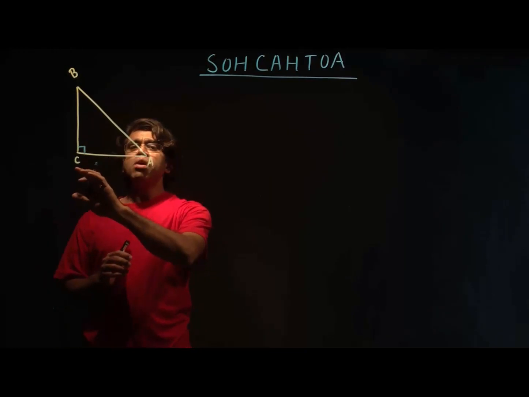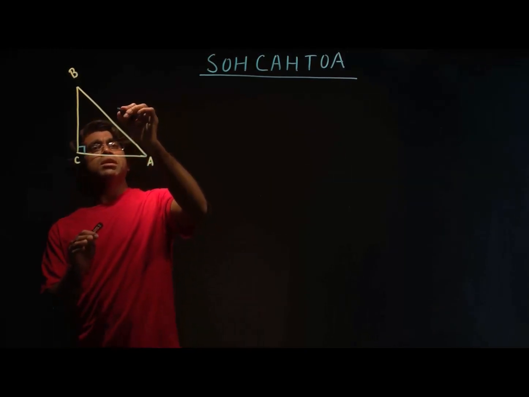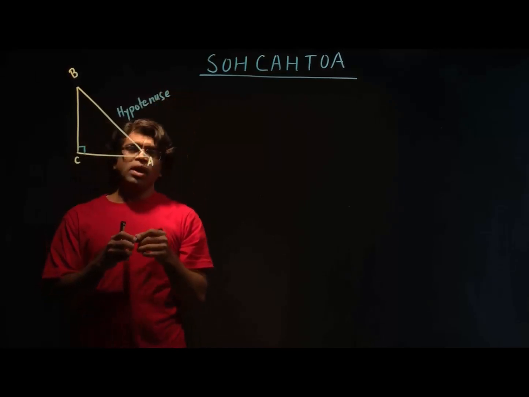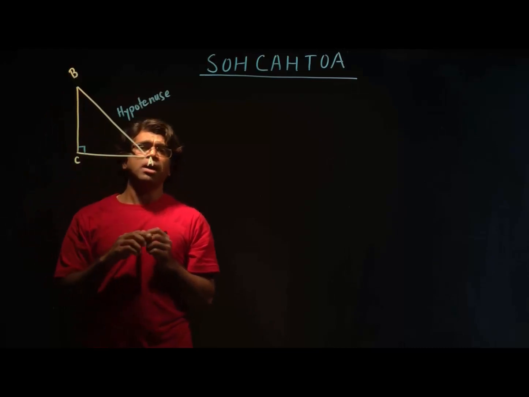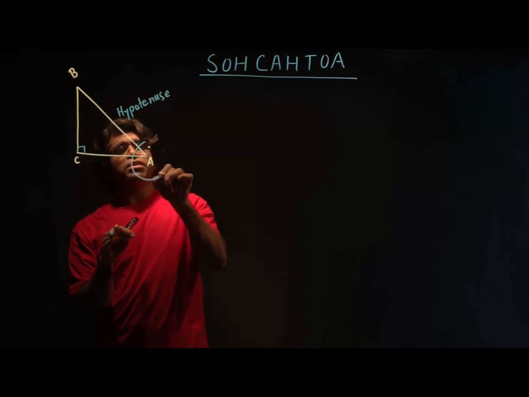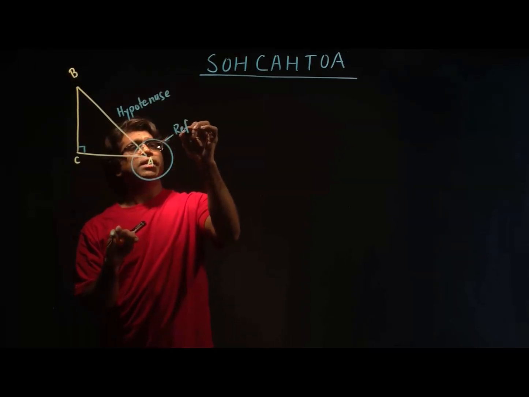The name of the side opposite to C is hypotenuse. Now I'm going to consider one angle as my reference angle. So I'm going to consider angle A as my reference angle.